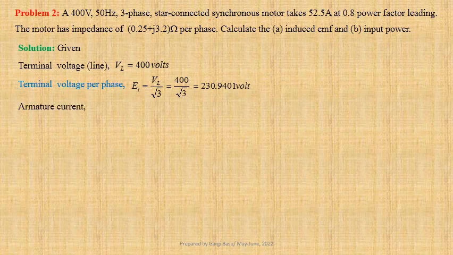Armature current Ia equals 52.5 ampere and operating power factor cos phi equals 0.8 leading.